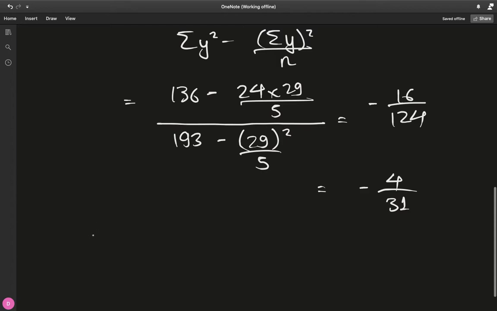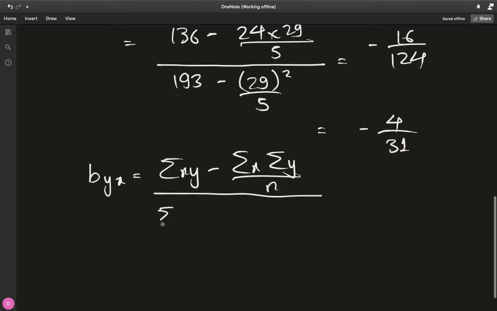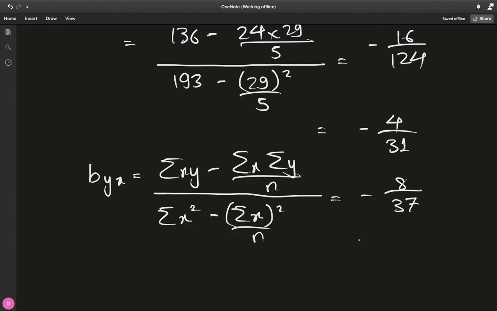Then we have byx, which has a similar formula. So sum of xy minus sum of x, sum of y divided by number of terms. So the numerator is the same, divided by sum of x squared this time minus sum of x the whole thing squared over n. So then that turns out to be negative 8 over 37.